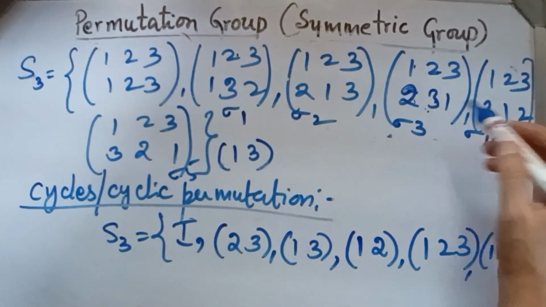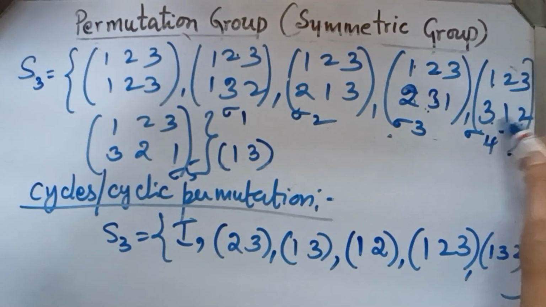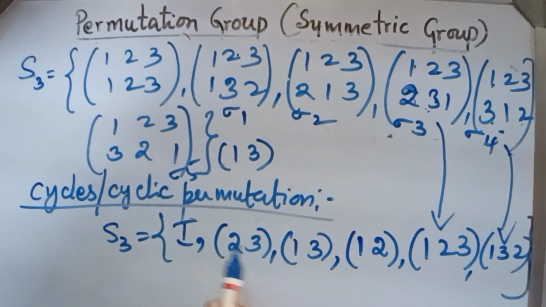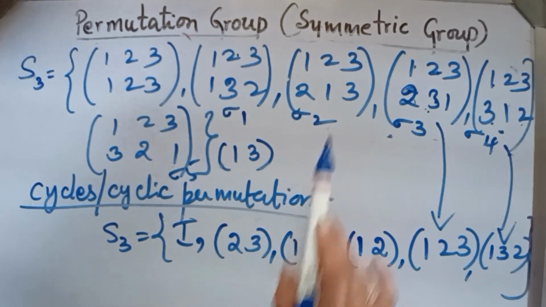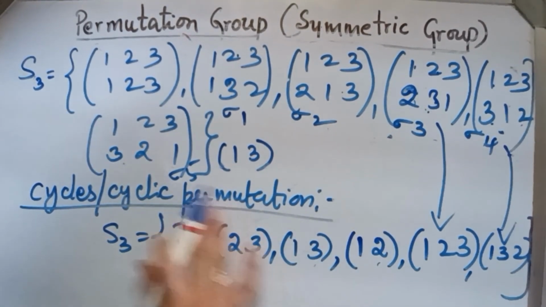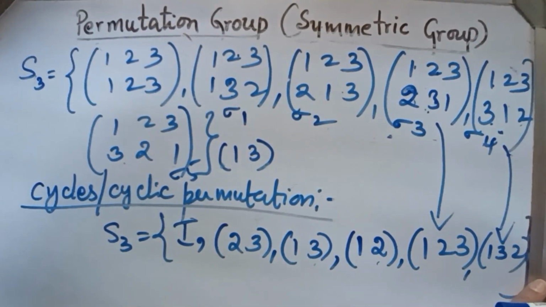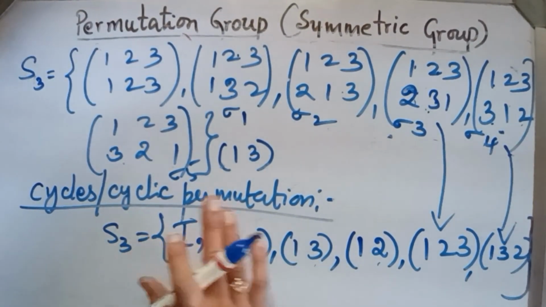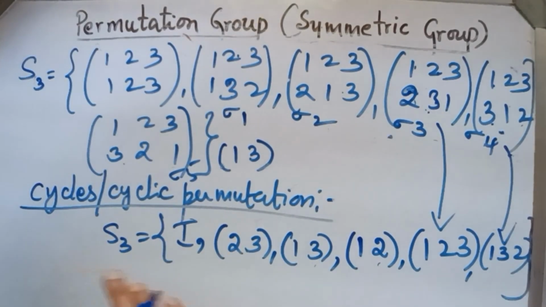So this is represented as (1, 3, 2) here, and this is (1, 2, 3), and this is (2, 3), this is (1, 2), and this is (1, 3). So the whole symmetric group can be represented easily using the cyclic representation or cycle notation.